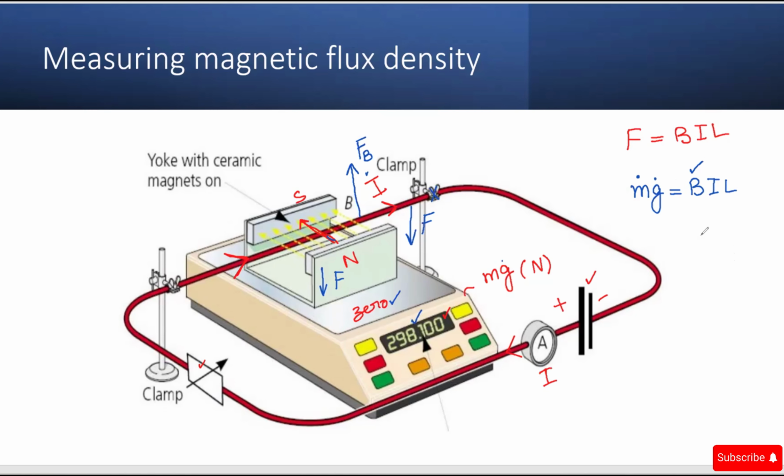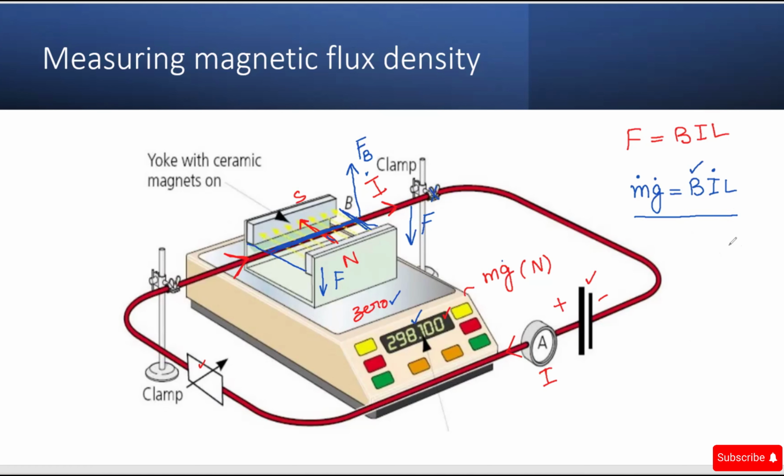G is constant, I is the current that this ammeter is giving, and L is the length of the wire which is inside the magnetic field, so between these two points. This L, the length of the wire inside the magnetic field, you can measure using some scale.